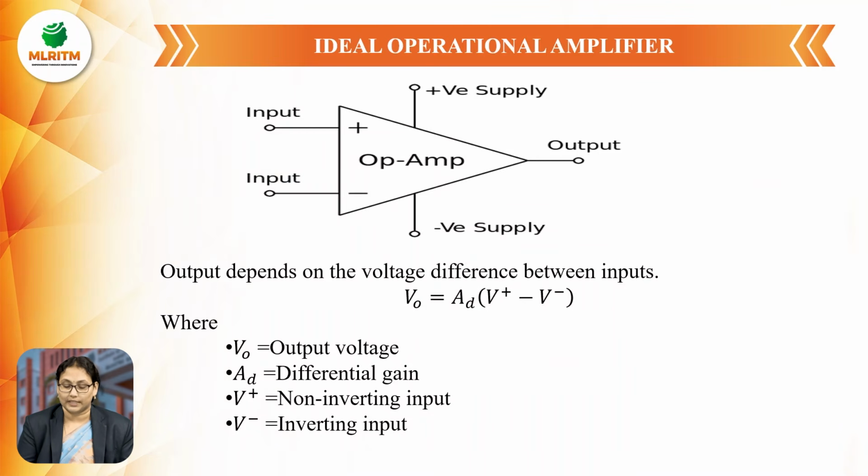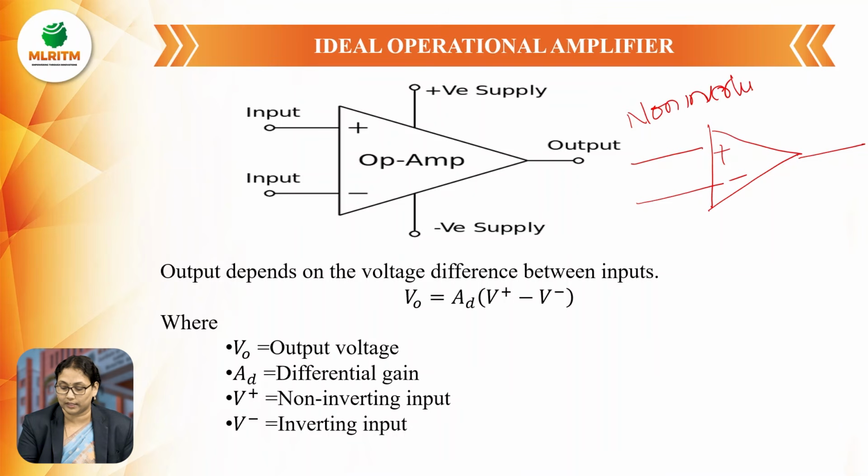So this is the basic symbol of an operational amplifier. This operational amplifier is represented like a triangle which has two inputs, positive input terminal and negative input terminal. Here this positive input terminal is called the non-inverting input terminal and the negative one is called the inverting input terminal.